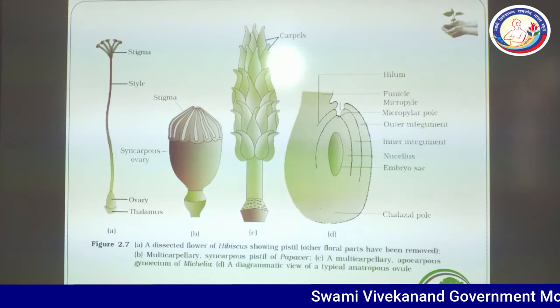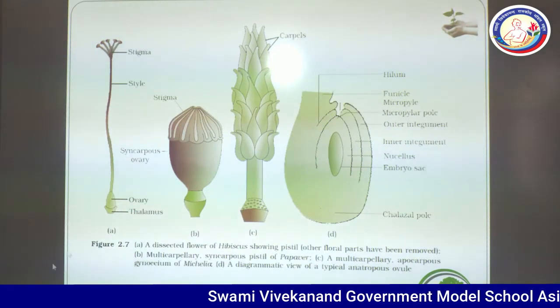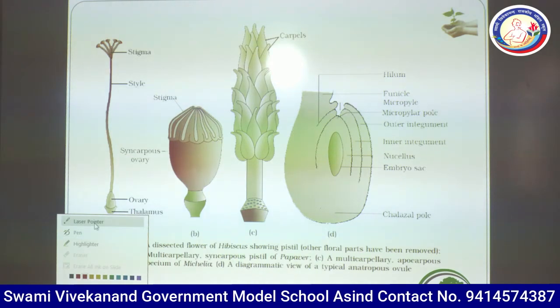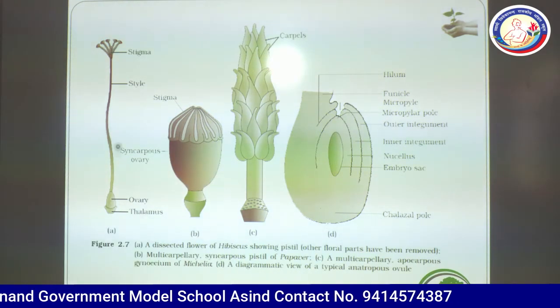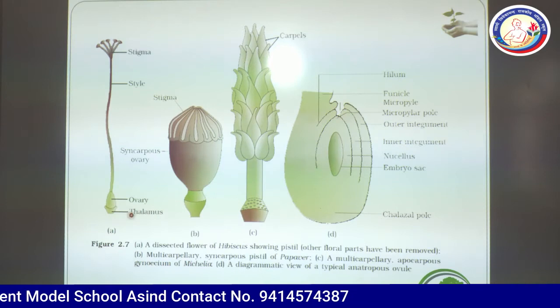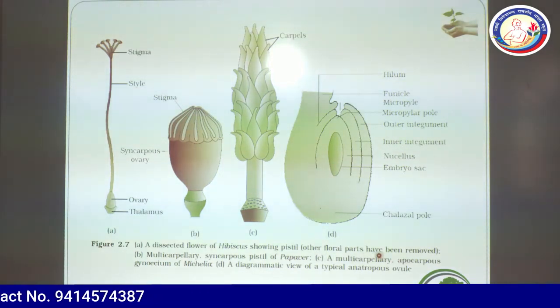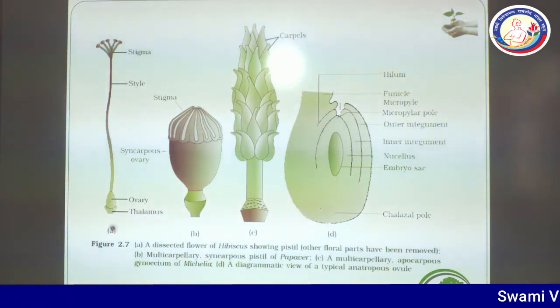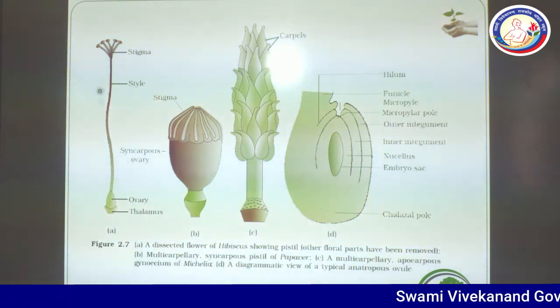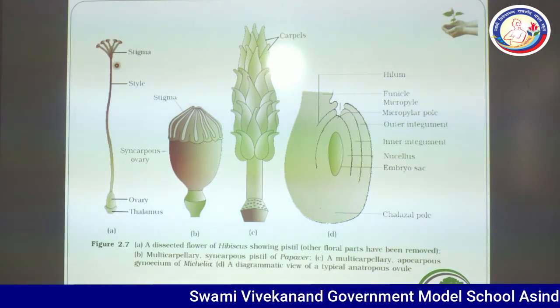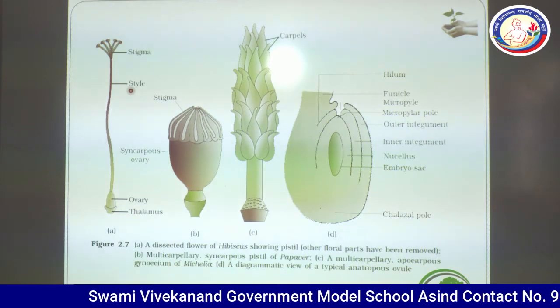So students, as we have already discussed in the introduction of the plant, this is the hibiscus flower, in which we have removed the other floral parts, and this is the gynoecium. You can see the longer part of the structure in figure 2.7 is known as style.